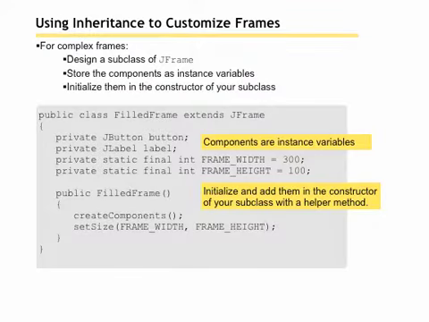Again, with inheritance, we kind of breezed right over it, but just to try to make it a little bit clearer at this point, we can create our own class that extends JFrame. So FilledFrame would be its own class, and it uses all of the things that are in JFrame. We now have them in FilledFrame when we say FilledFrame extends JFrame.